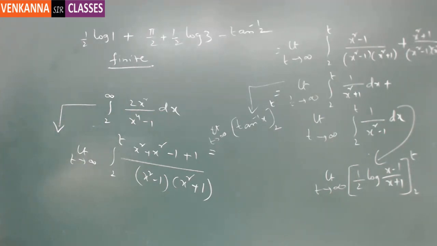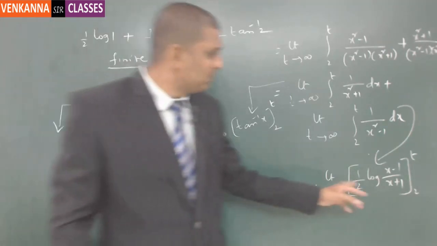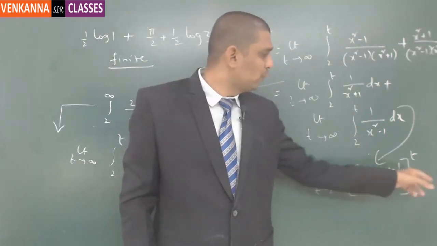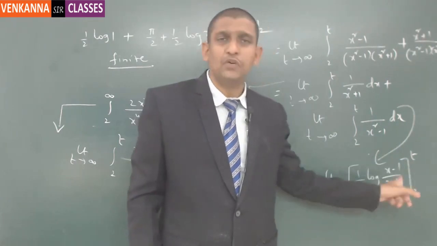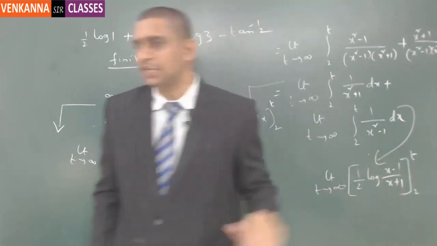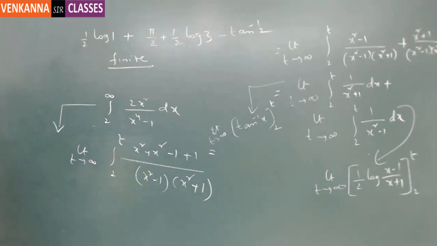So here, applying the limits, log of 2 minus 1 by 2 plus 1, so log 1 by 3 we will get. For t, log of t minus 1 by t plus 1, you take t common here, and then you apply limit t tends to infinity, because 1 by t tends to 0. As t tends to infinity, 1 by t tends to 0. In that way you apply the limit. In such a case, you will get log 1.